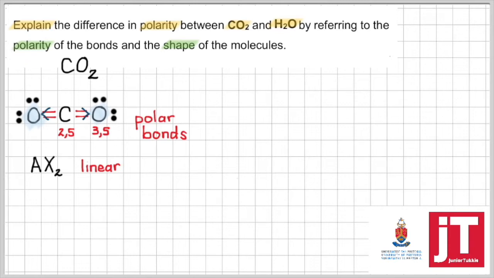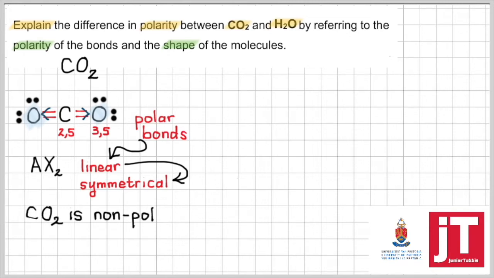They both have the same electronegativities. And based on this, we can conclude that the carbon dioxide molecule is symmetrical. Bringing all of this information together, the fact that the bonds are polar, that the molecule has a linear shape, and that the molecule is symmetrical, we can conclude that carbon dioxide is a non-polar molecule.